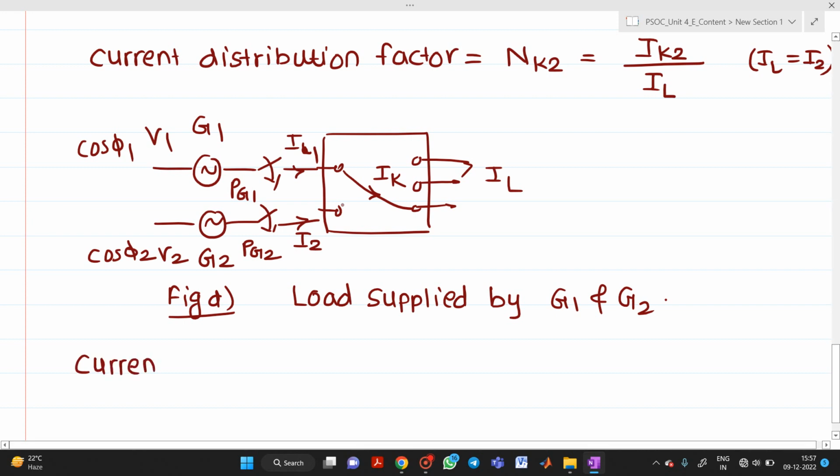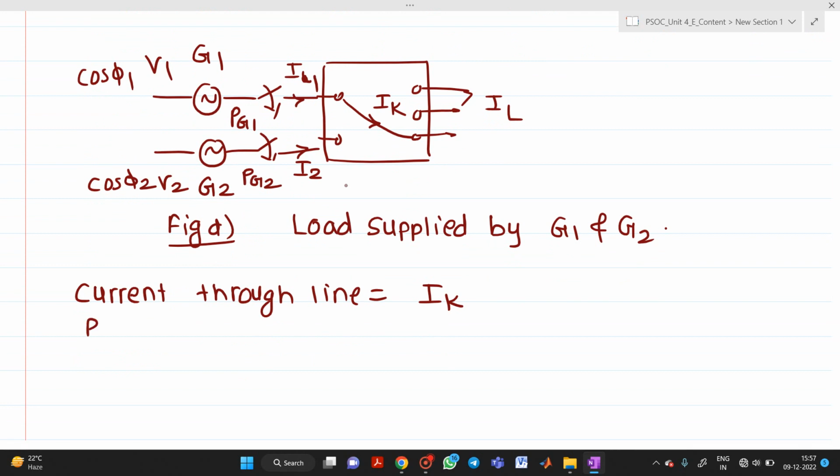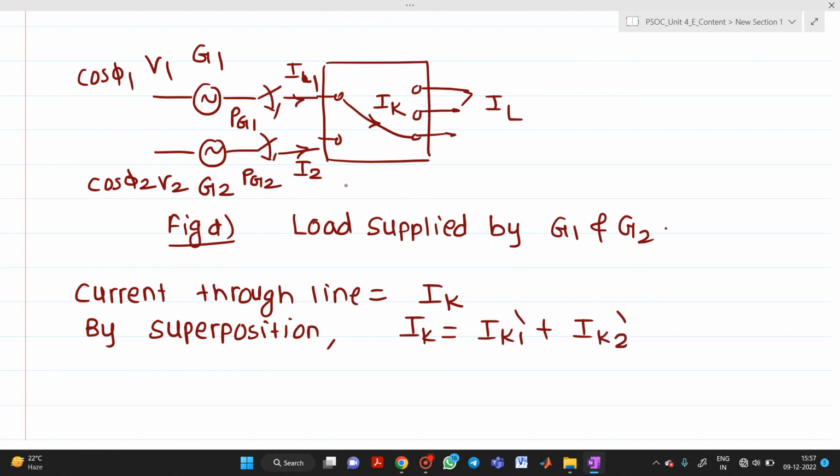Here, the current through the kth line will be IK, and by superposition, as I discussed earlier, this IK flows because of both the generators acting, so I will write IK will be equal to IK1 dash plus IK2 dash.